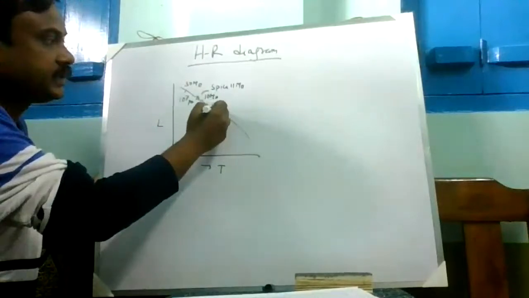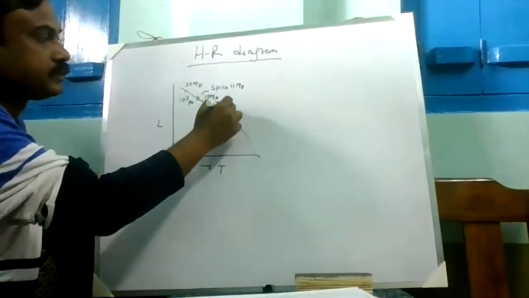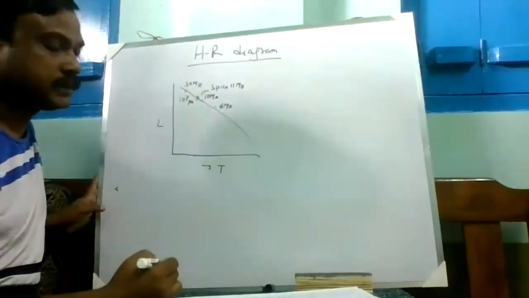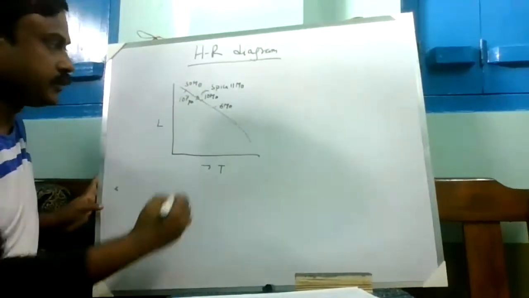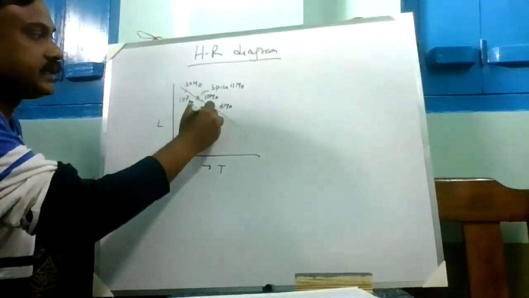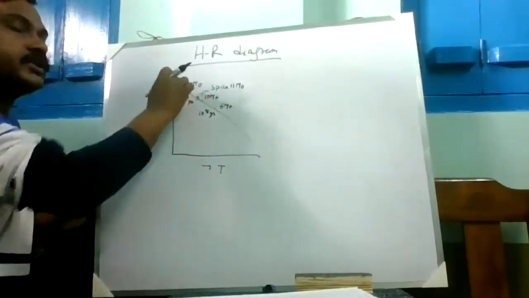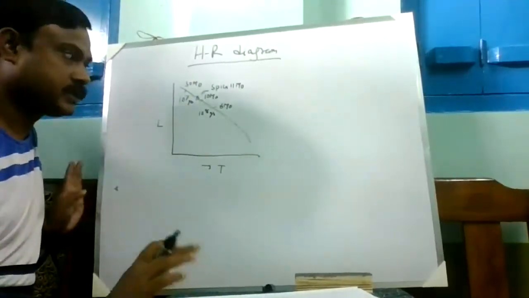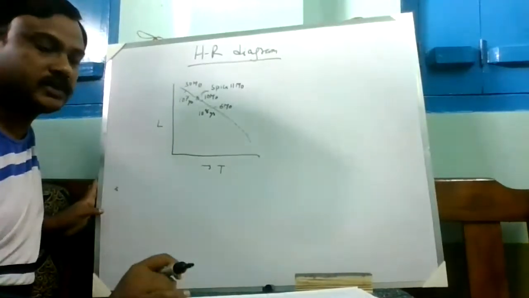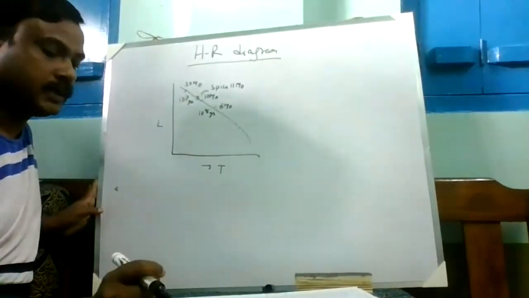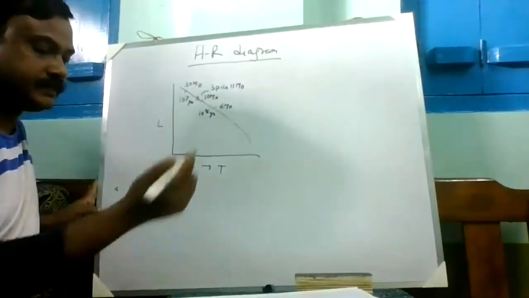Then 6M, a star of mass 6 times that of solar mass. Their lifetime is 10 times greater. So a 30M star has a lifetime of 10 to the power 7 years. A 6M star has a lifetime of 10 to the power 8 years.